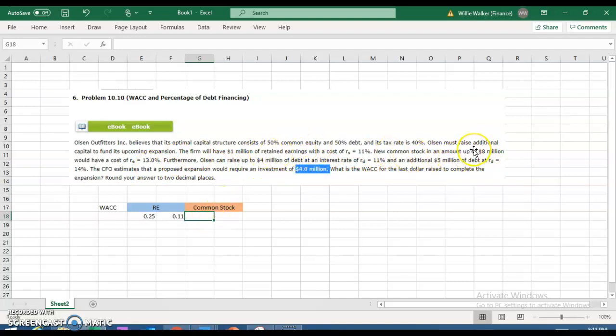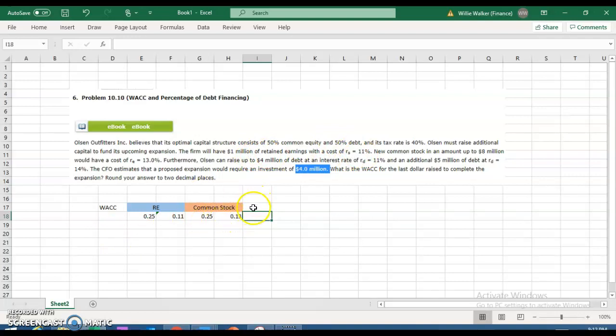So 1 million out of that 8 million. So 1 million out of 4 million. We have to calculate our weighted average. That's equal to 25%, at our 13% cost. So this is going to equal 13%. So far we got $1 million in retained earnings at 11%, $1 million common stock at 13%.